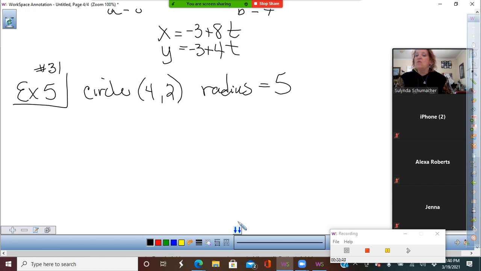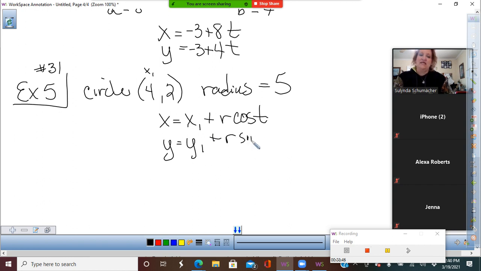So the way they work when it's a circle and you're putting it the other direction, you're going to have your x equals x1 plus r cosine t, and you have y equals y1 plus r sine t. So plugging these in, and that's literally all you're doing is plugging them in.